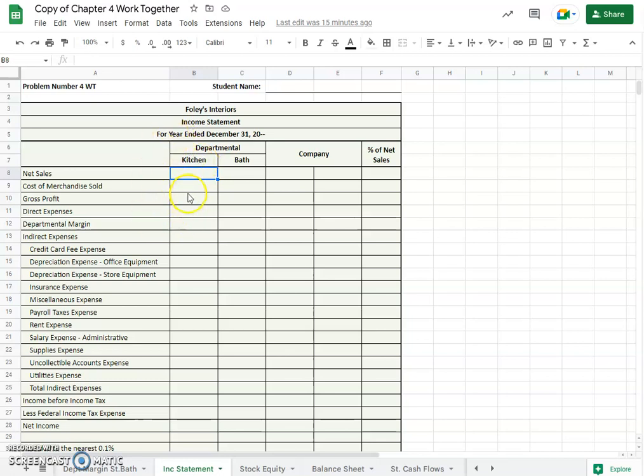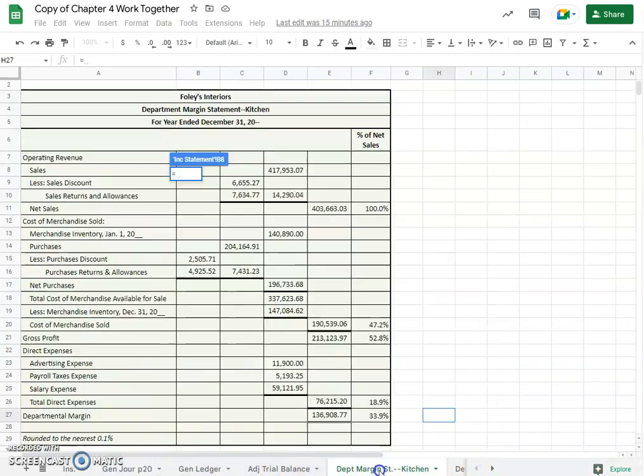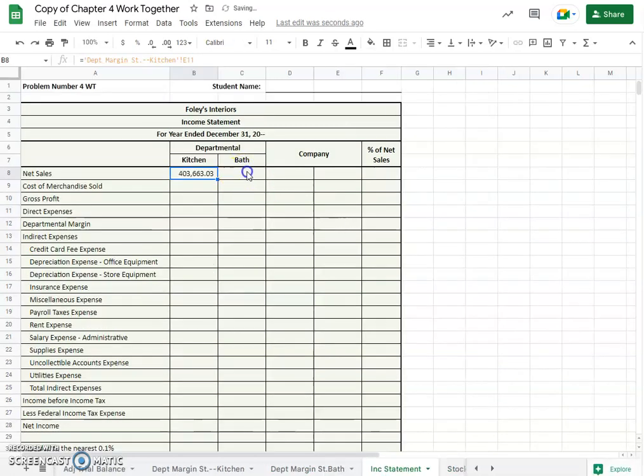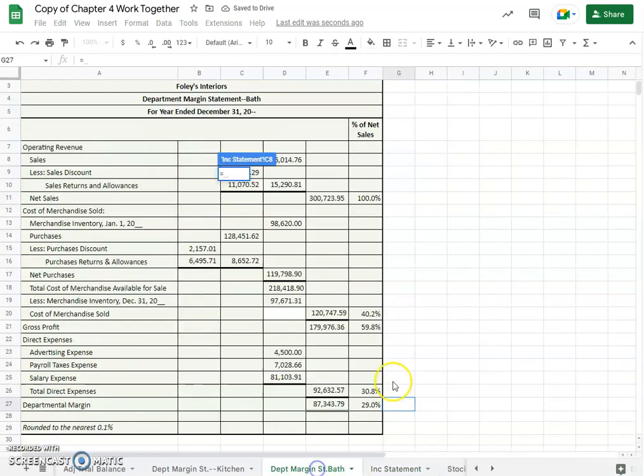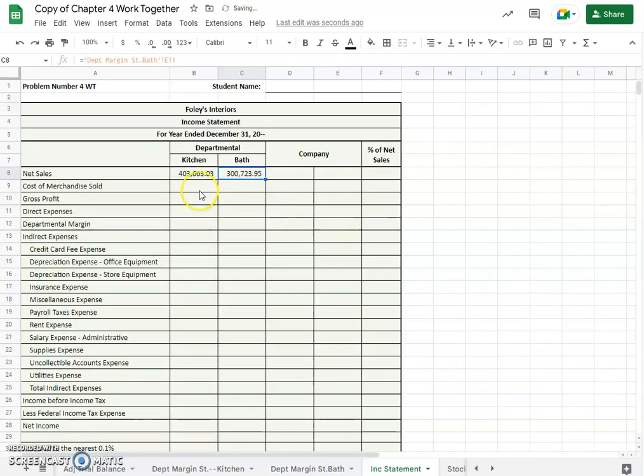So let's get our net sales for kitchen, and we can find that from the departmental margin statement kitchen. So our net sales was $403,663, and for bath it was $300,723.